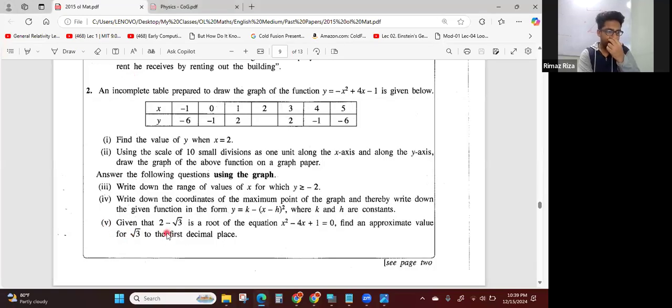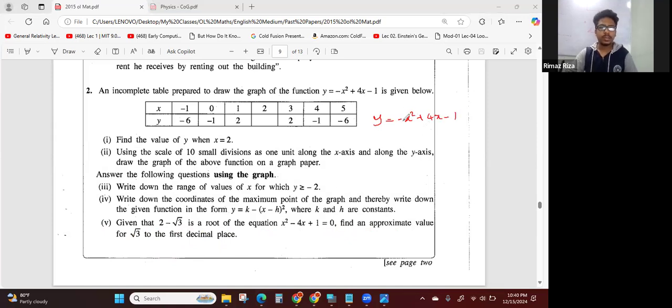Okay, and then the last question. Given that 2 minus root 3 is the root of the equation x squared minus 4x plus 1, find the approximate value for root 3. So what is this actually? You have this function y equals minus x squared plus 4x minus 1.